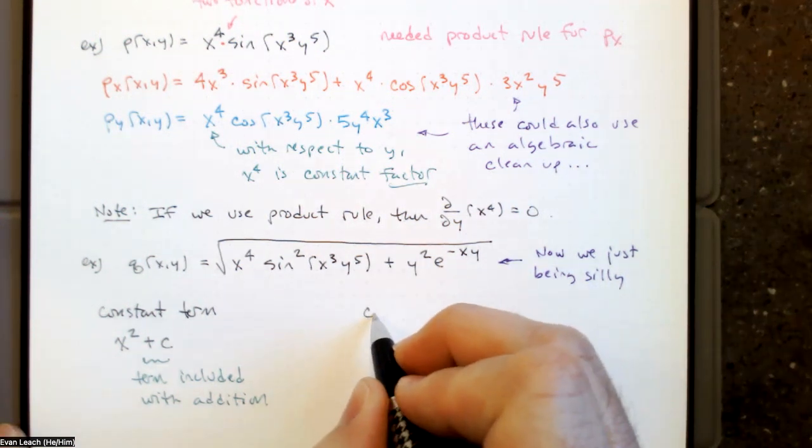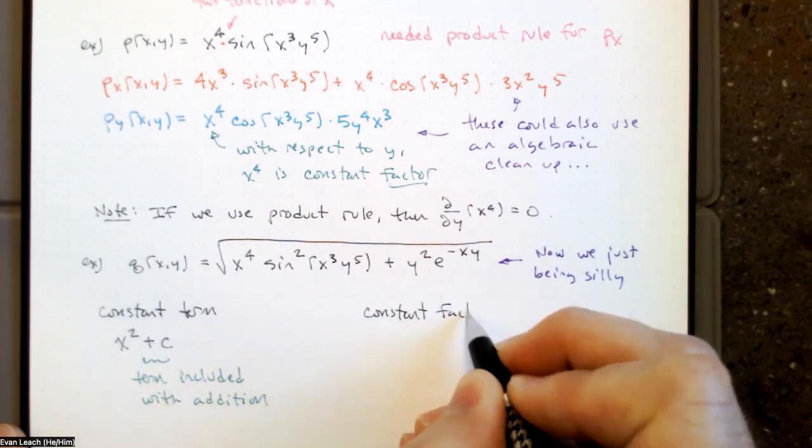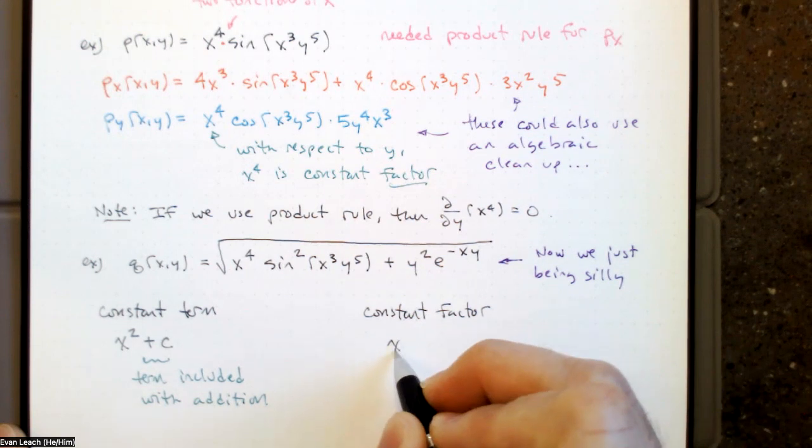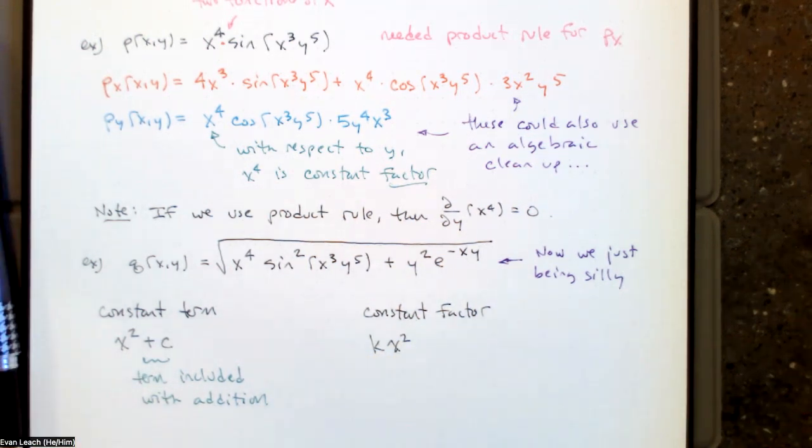But a constant factor is included by multiplication. So the derivative just carries along.